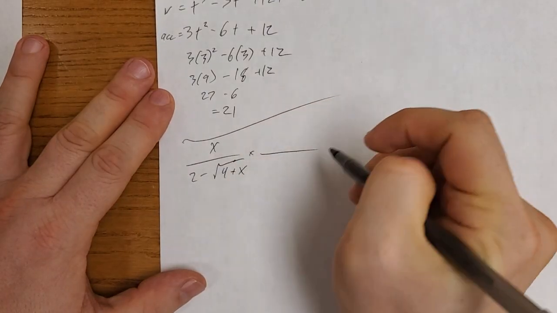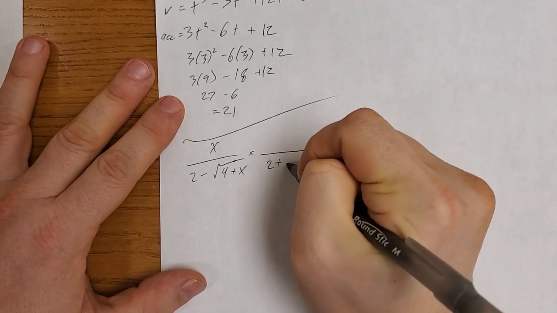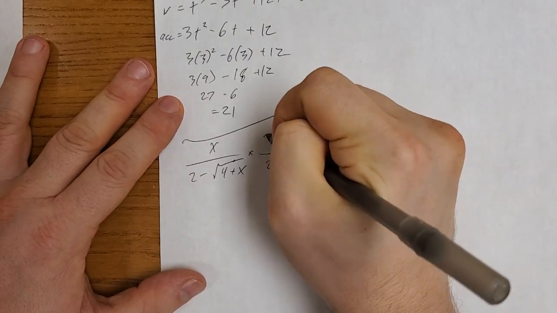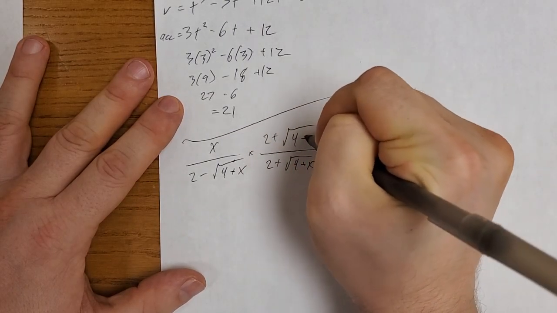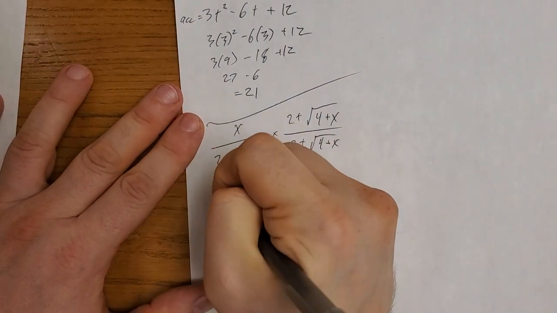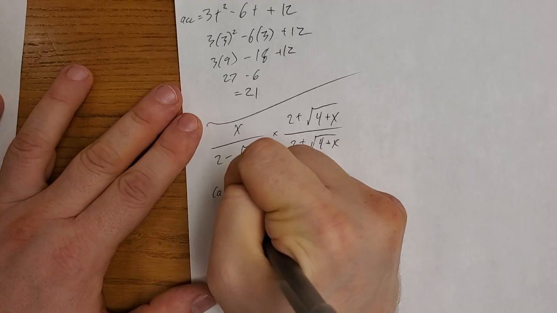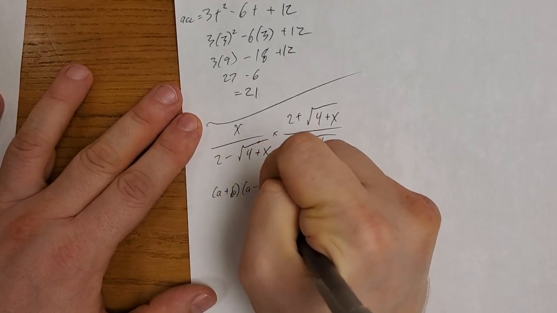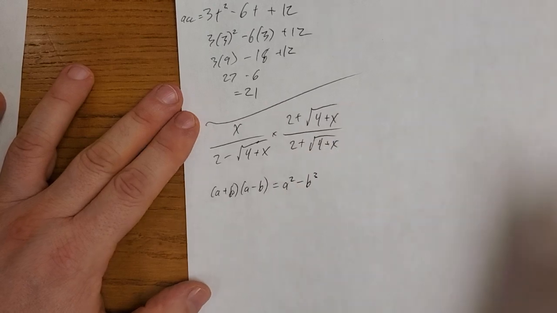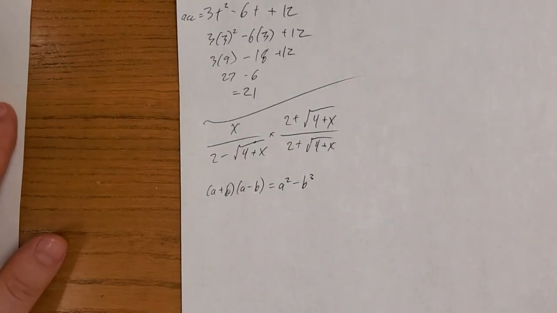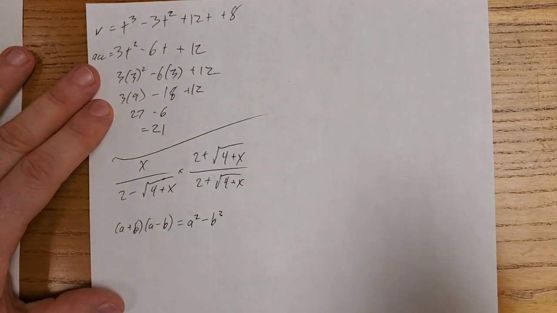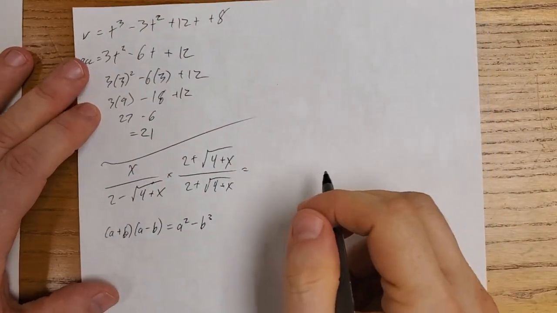So we are going to multiply that by 2 plus the square root of 4 plus x on the top and the bottom, because we are exploiting the fact that we know that a plus b times a minus b equals a squared minus b squared. And that means we are going to be able to get rid of that square root on the bottom doing this. It's tricky, but that's the trick.